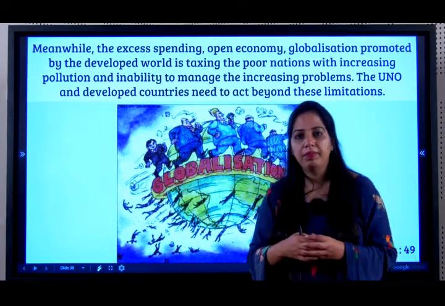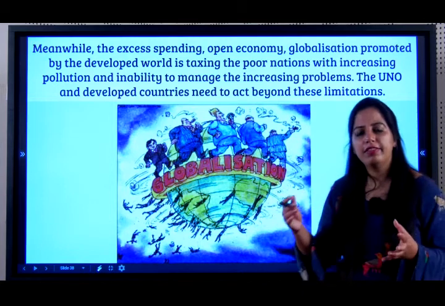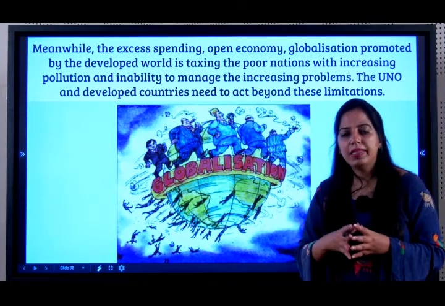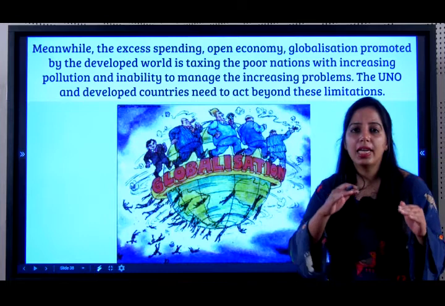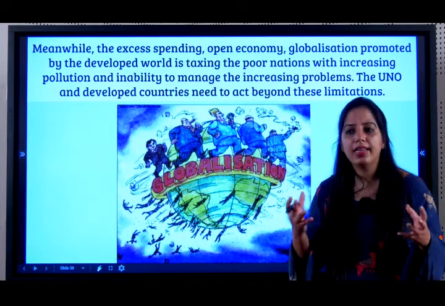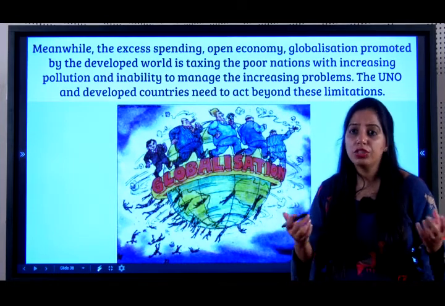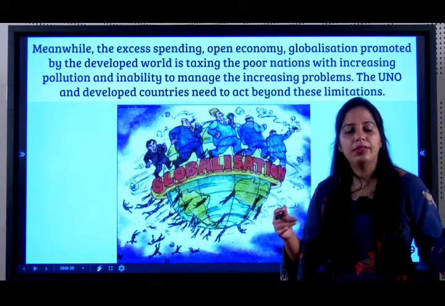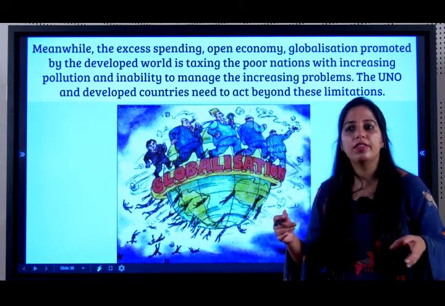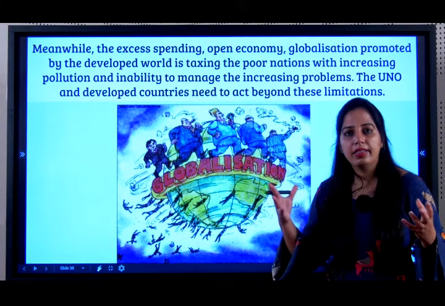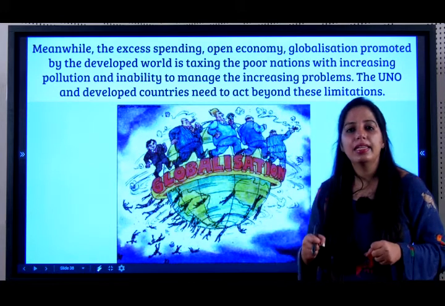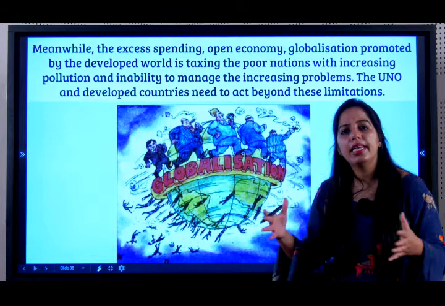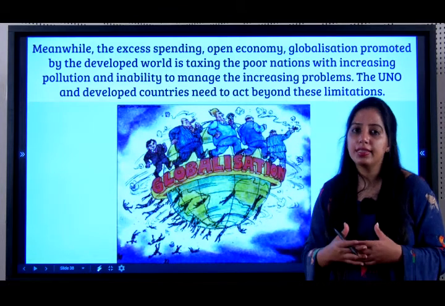For example, they set up factories without keeping in mind a lot of standards of pollution. There are some things that should not be emitted openly into the environment or into the rivers as industrial waste. But international companies, when they come and set themselves up in India, don't take care of these environmental standards.